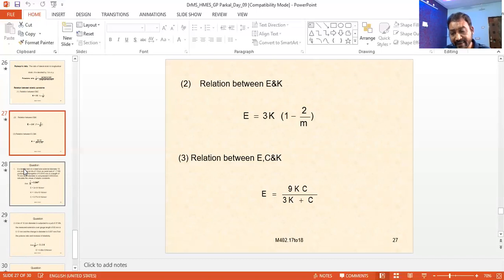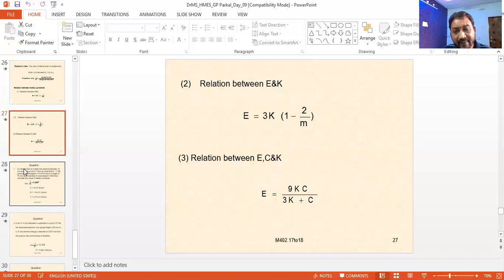And the next relation we got is E is equal to 9KC by 3K plus C. So these are very important relations, and with these relations between the elastic constants, we can find out any unknown value.